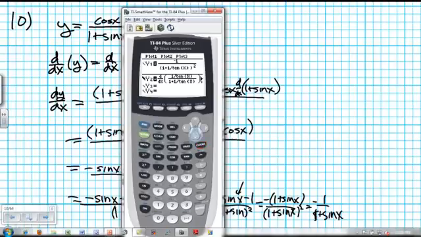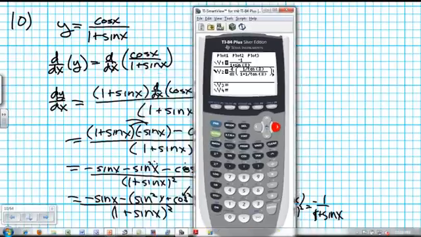Negative 1 over, let's clear that bottom out, 1 plus sine of x. And then in here, let's put in our original function, clear that, which was cosine of x. And in the bottom, 1 plus sine of x.